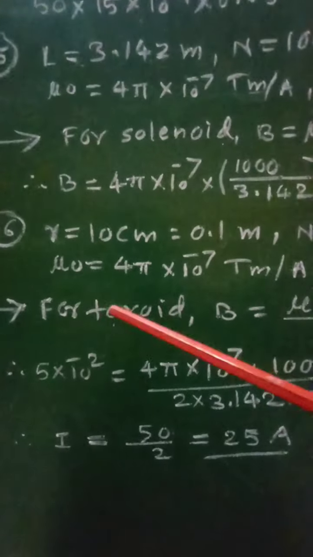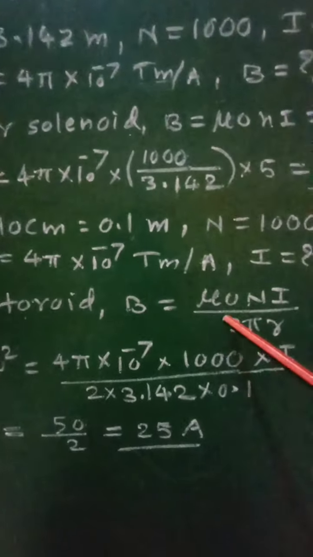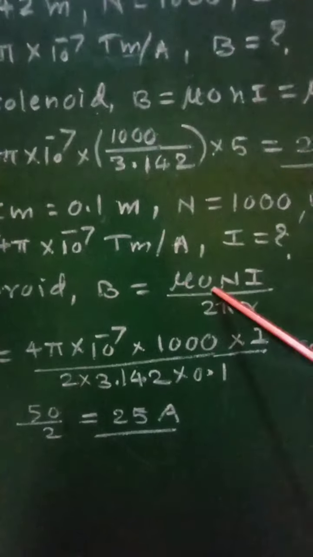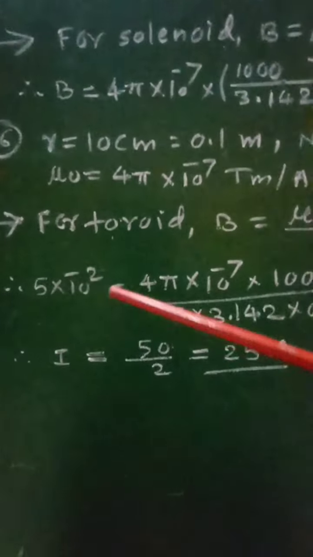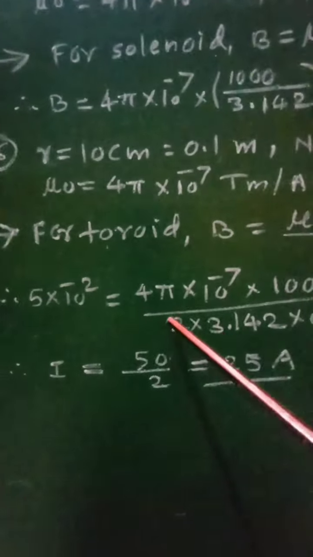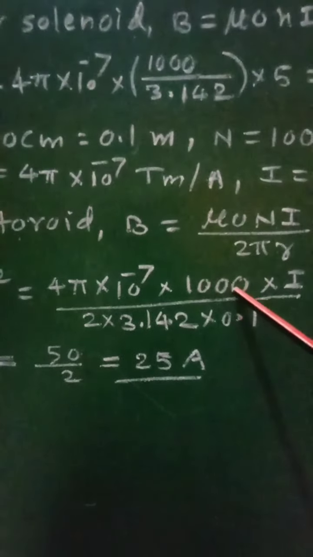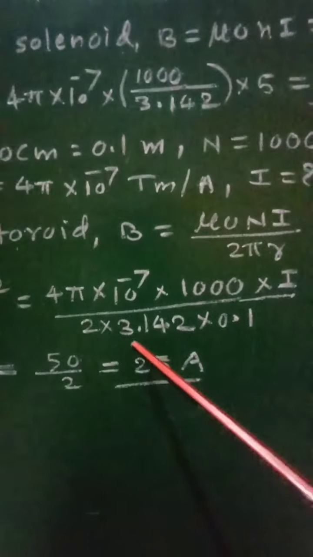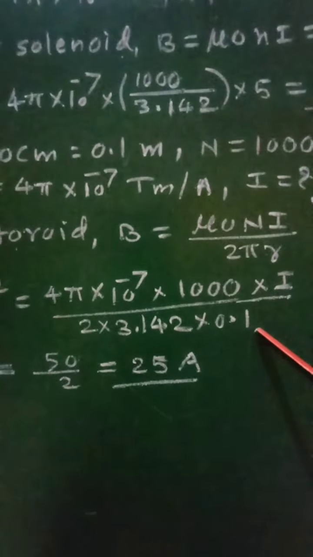Therefore, we know that for a toroid, magnetic field B is equal to mu 0 N i upon 2 pi r, and therefore putting the values we will get 5 into 10 raised to minus 2 is equal to 4 pi into 10 raised to minus 7 into 1000 into I divided by 2 into 3.142 into 0.1.